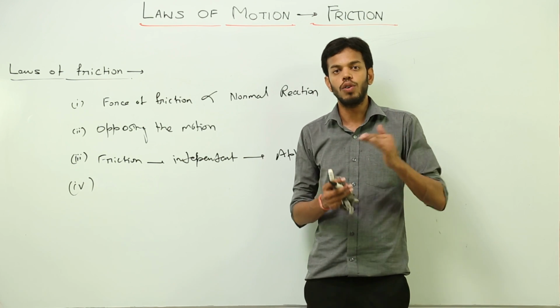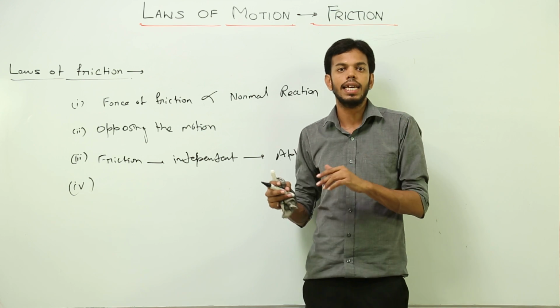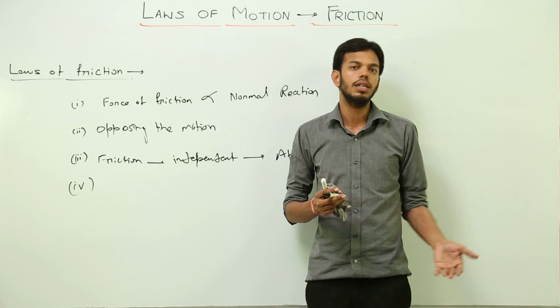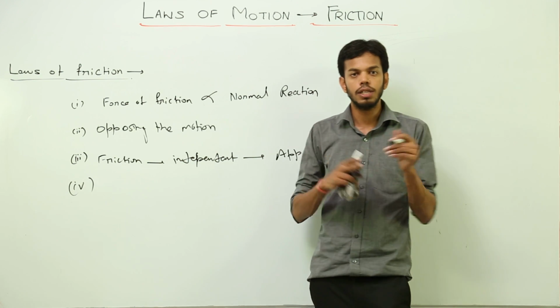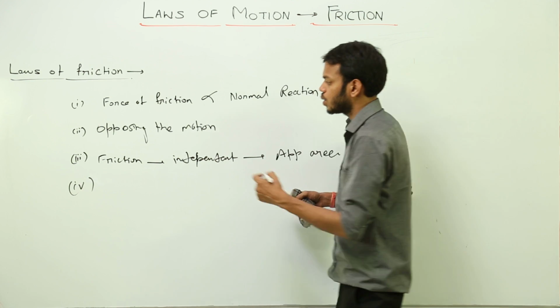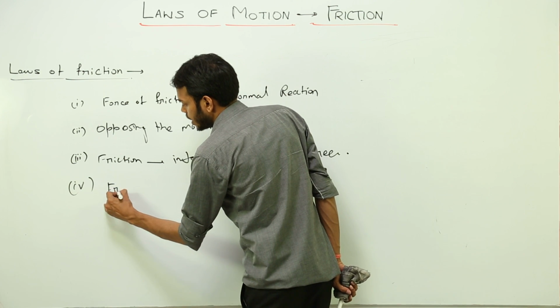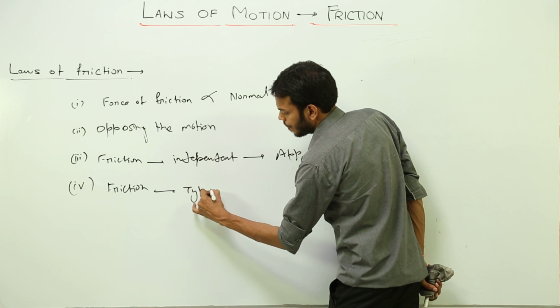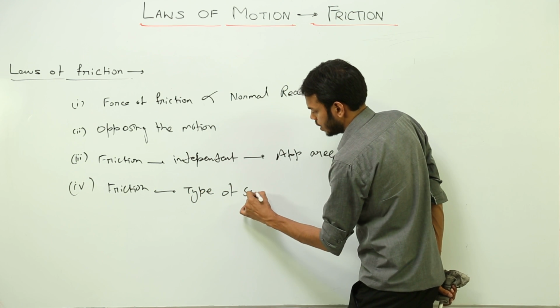Why? Because the force of friction between the plastic and the ground is way less than the force of friction between rubber surface and the ground surface, right? So the difference in both the cases is the surfaces in contact. So friction also depends on type of surfaces in contact.